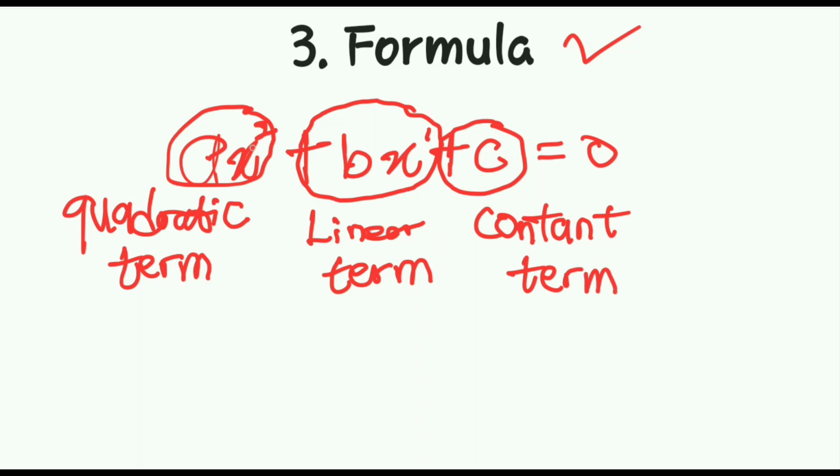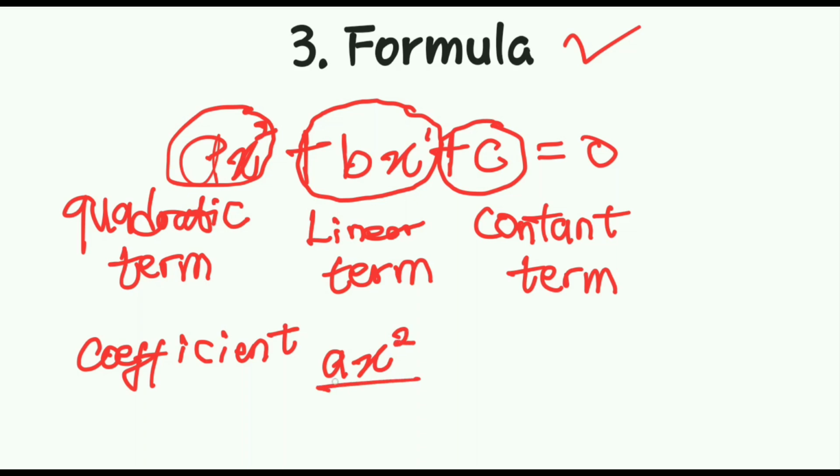This is ax squared. This is known as the quadratic term, while this is the linear term and this is the constant term. What a and b mean is: a represents the coefficient of x squared, the coefficient of the quadratic term. b represents the coefficient of the linear term.